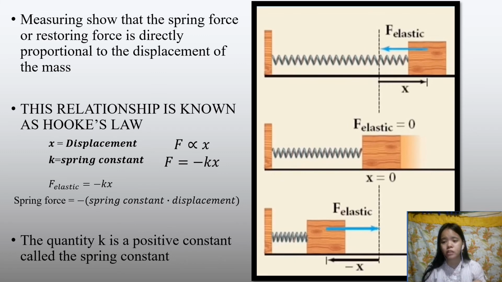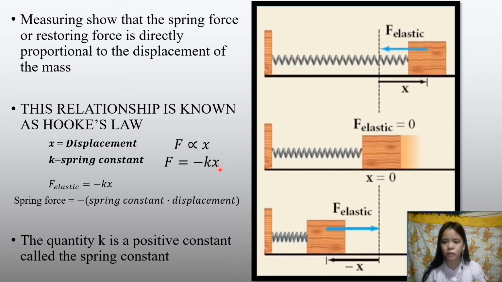So the measurement shows that the spring force, the restoring force, is directly proportional to the displacement of the mass. Here we have x as the displacement, and k is the spring constant. So Hooke's law is F equals negative k x, the negative spring constant multiplied by the displacement.